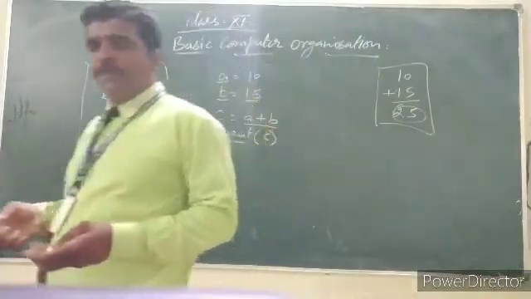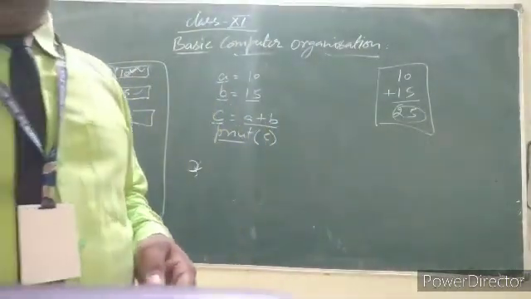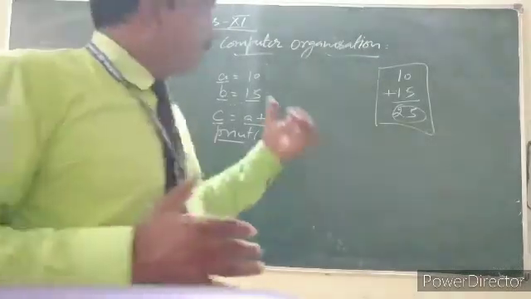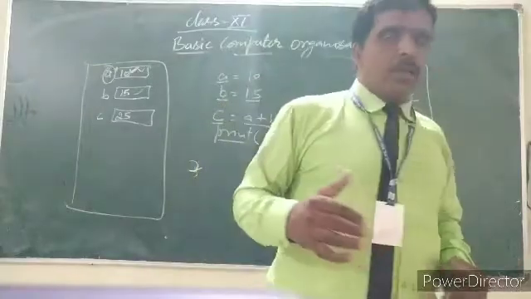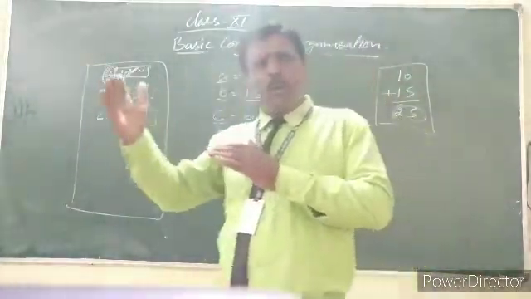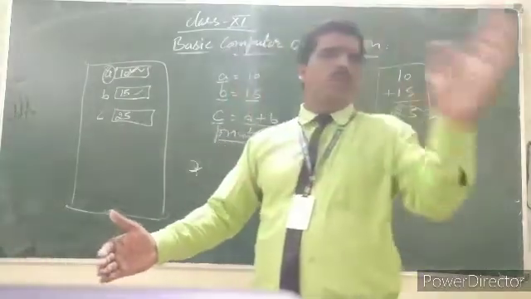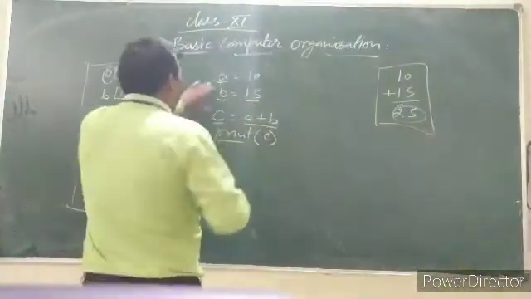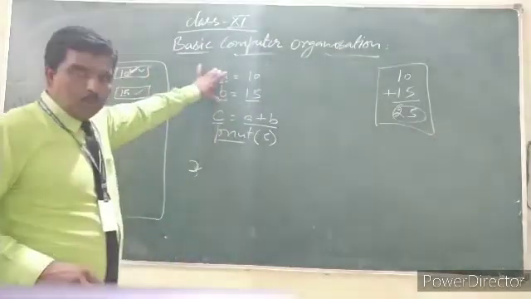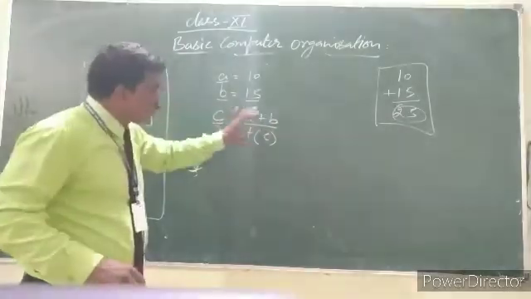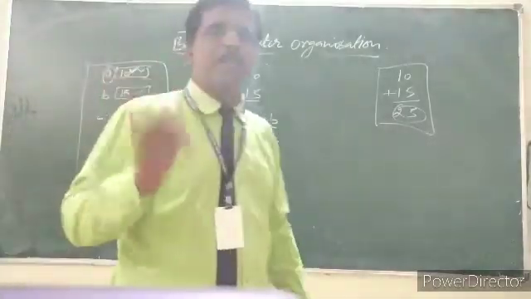So here the question arises that there are two things in the starting of this video. As you know, one portion is input, one portion is output. So here we are taking input. After that, this is called process, and at last we want to display the output.